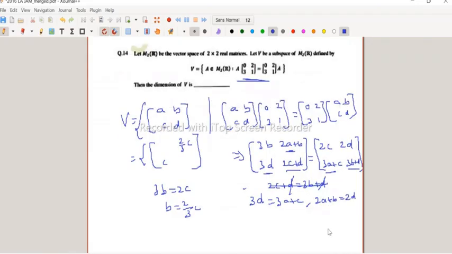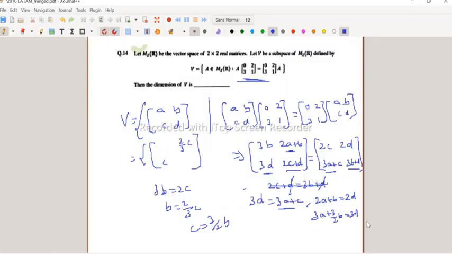Okay, now we try to solve this. This is 2A plus B equal to 2D. Now the third equation is 3A plus C, where C is nothing but 3 by 2 B. Substituting here, 3A plus 3 by 2 B equal to 3D.